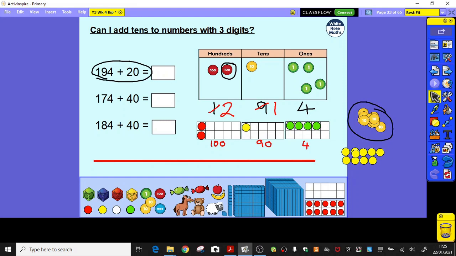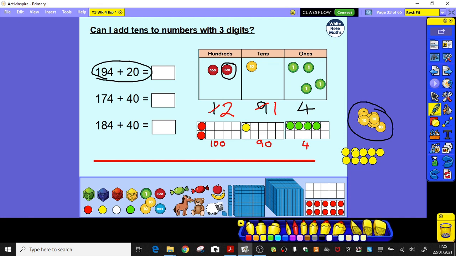And if we look at the number we've got now, you can see that we've got the number 210 and 4, which gives us a total of 214. So let's have a look now.